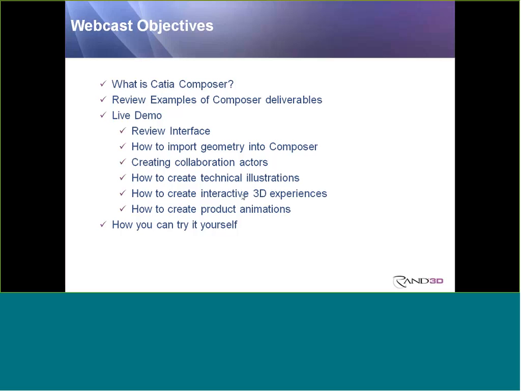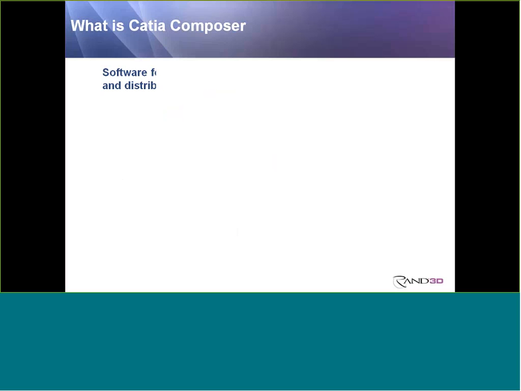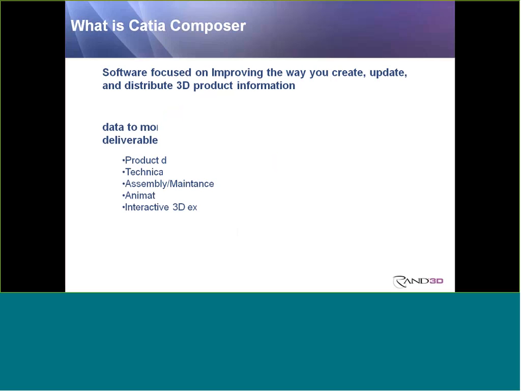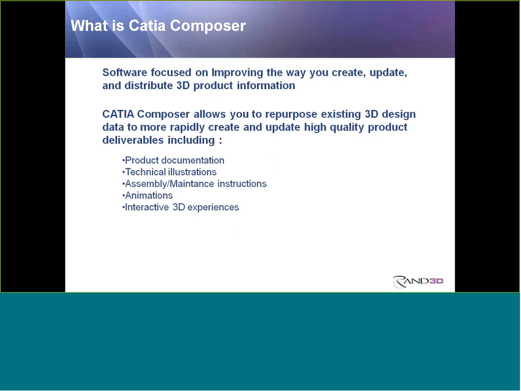Now, the first thing is just what is Composer itself? It's really a software focused on improving the way that you create, update, and distribute 3D product information. Once you've got your design created, I want to be able to reuse these 3D models in other fashions: technical illustrations, product documentation, assembly, maintenance instructions.